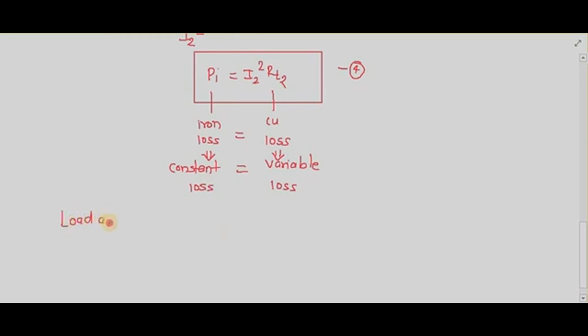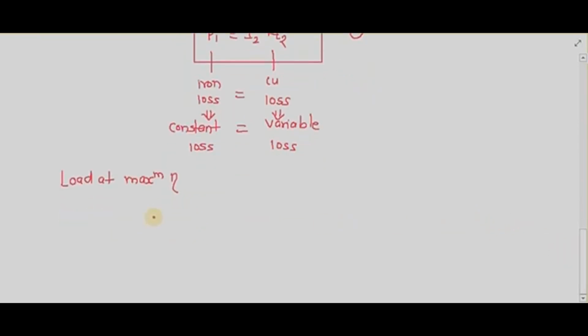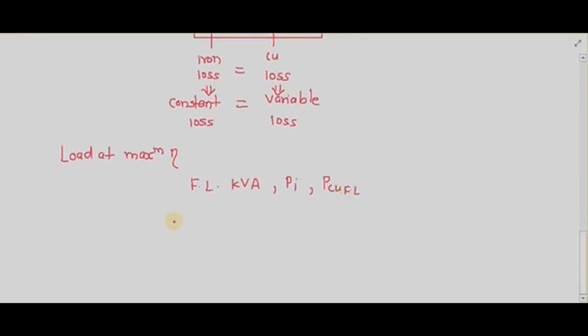What is the load at maximum efficiency? If we are given the full load kVA of the transformer, iron loss Pi and full load copper loss PCU, then we can always find the load corresponding to the maximum efficiency.